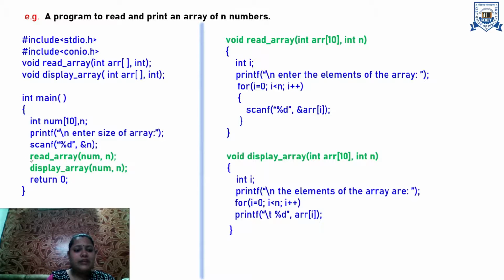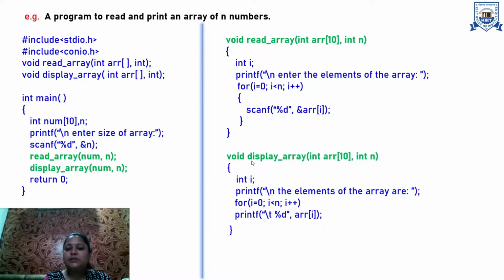Now whenever read array num n is called, the execution will come here. So within read array we have passed the entire array and a variable n, that is the size of the array. To enter the elements of the array, we have to use a loop because there are a number of elements that you want to read, and within this loop we define a scanf statement with the ith index.